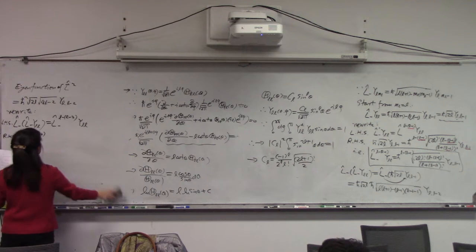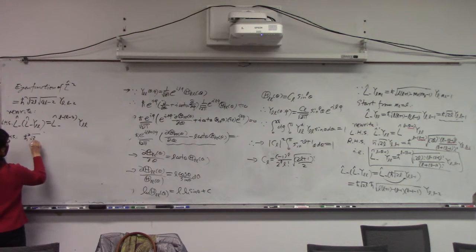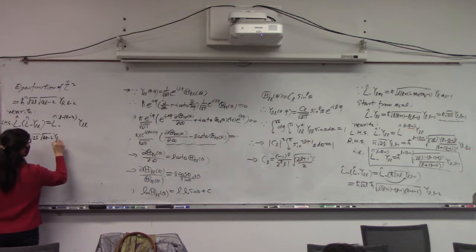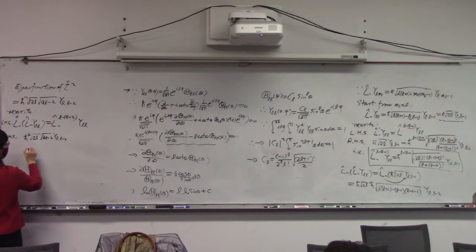Okay, let me take the first h bar squared, and then I take the h bar squared over here. 2L, 4L minus 2, L minus 2. Let me set equal here, h bar, L minus 2, same here, right?